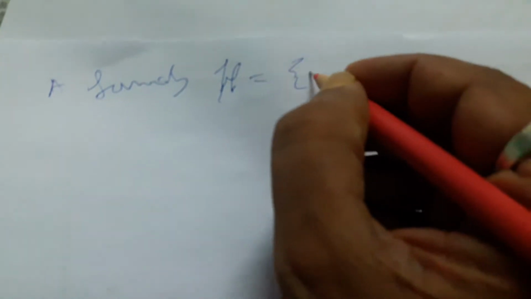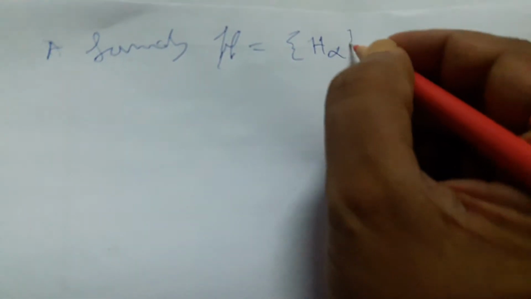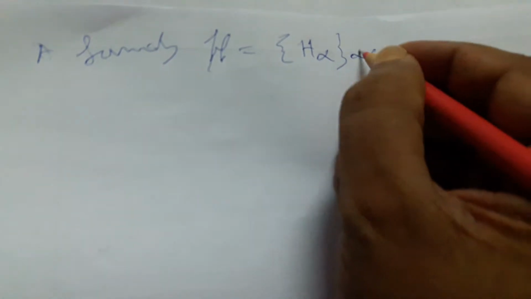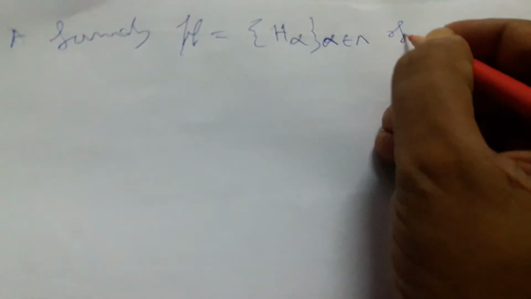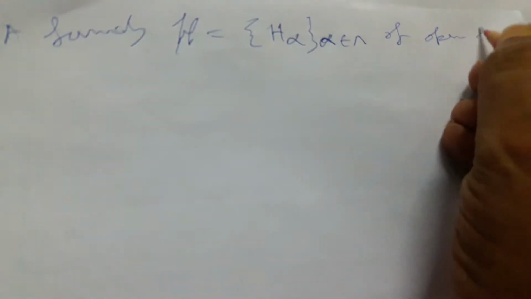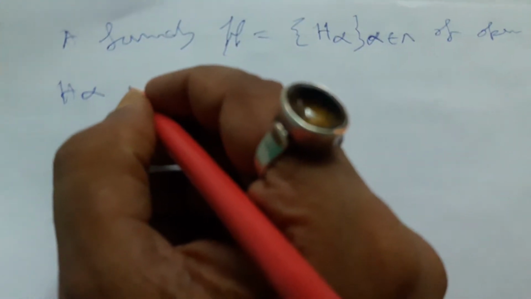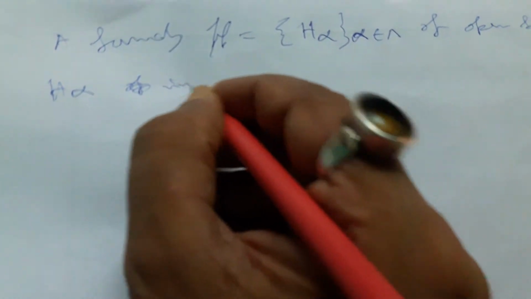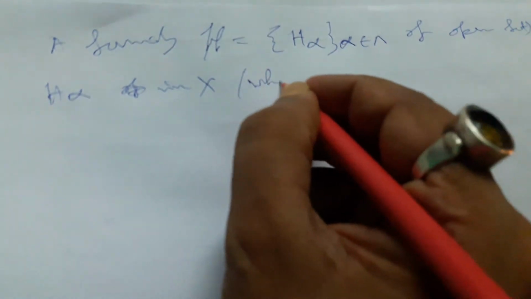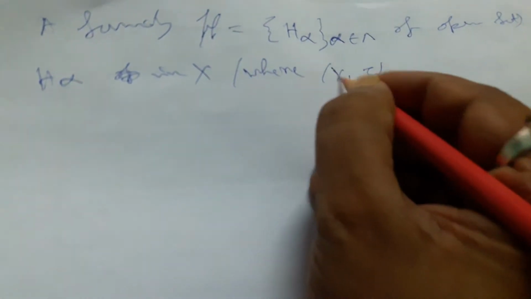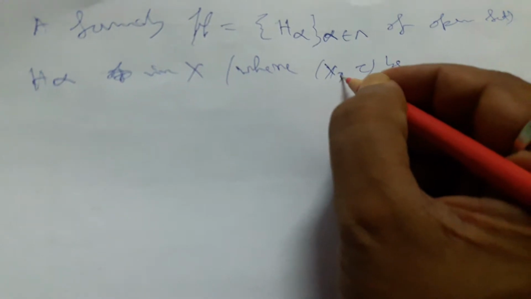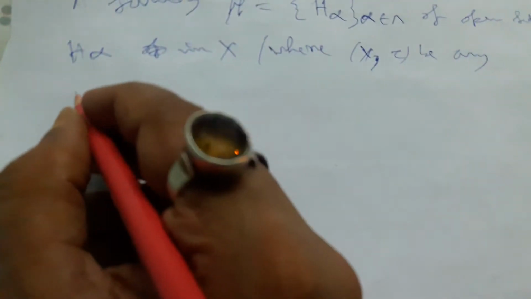Now a family, we find here, like this cursive H equal to H alpha, with alpha belonging to the index set, of open sets H alpha in X, where (X, tau) is any topological space.